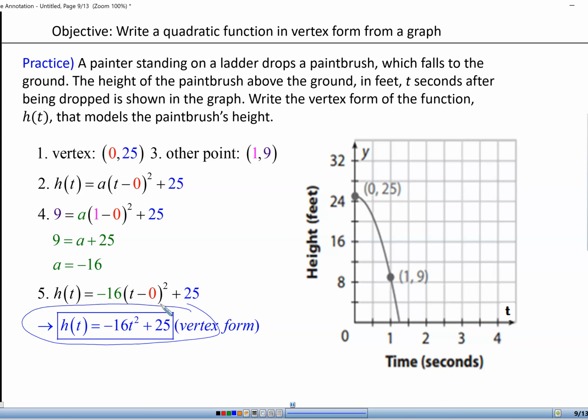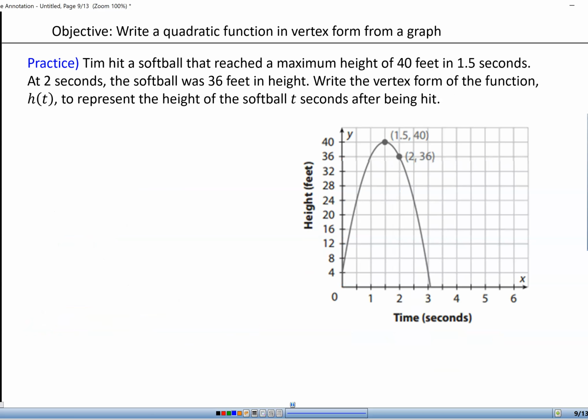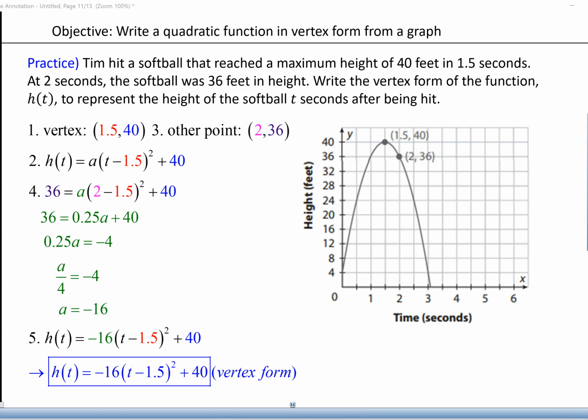All right, let's try another one. All right, let's take a look. So down here, this time, we have another negative 16. Interesting. And then we have an h and a k, though, that are not zeros.